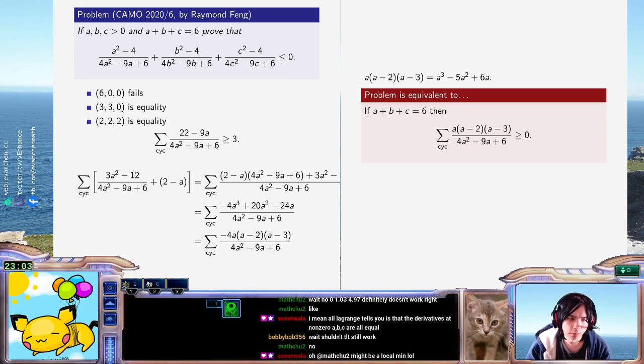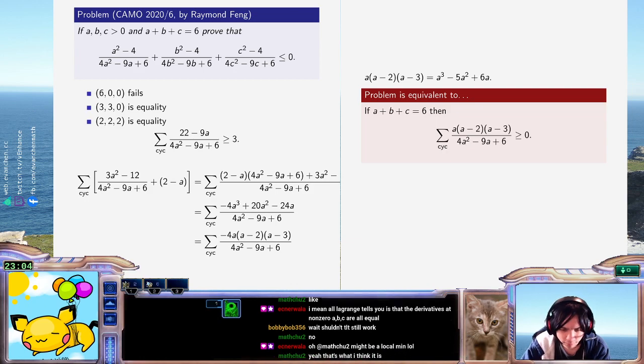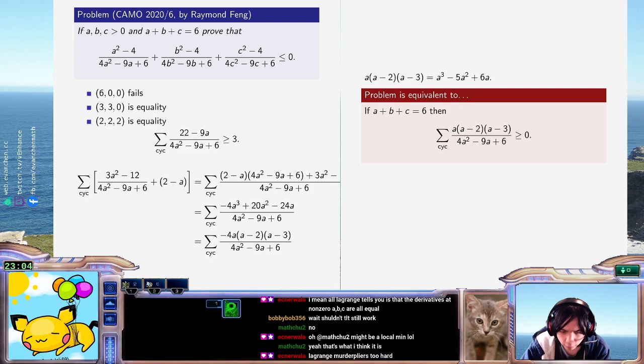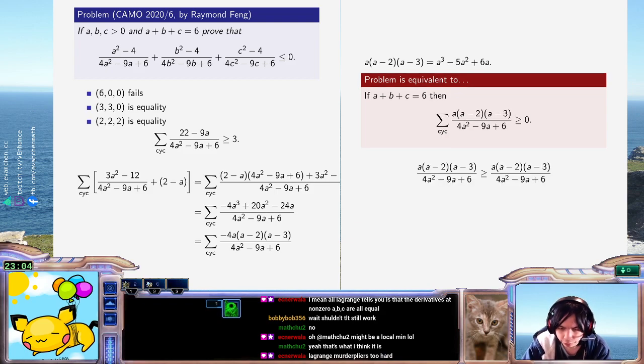Here's a random thought I had. This is a boatload of nothing. If I have a fraction and the top is positive, then the fraction decreases if I add a positive thing.